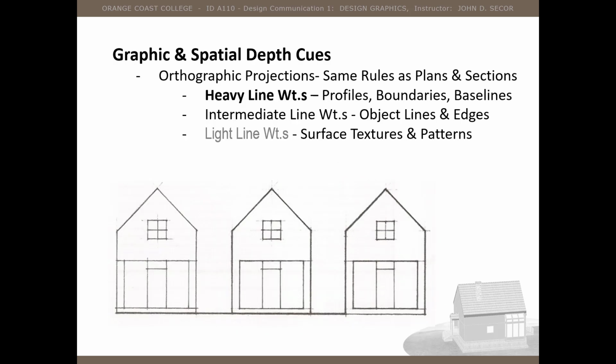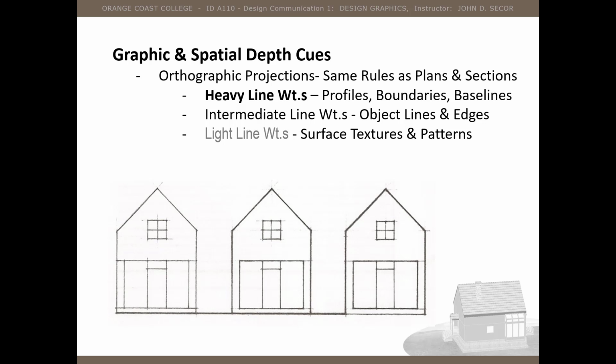As we talked about earlier in this discussion, there are some ways of representing graphic prominence and cueing depth, what is close and what's far away. In this slide, we are looking at things we should know by now: the prominent elements should be represented with heavy lines.